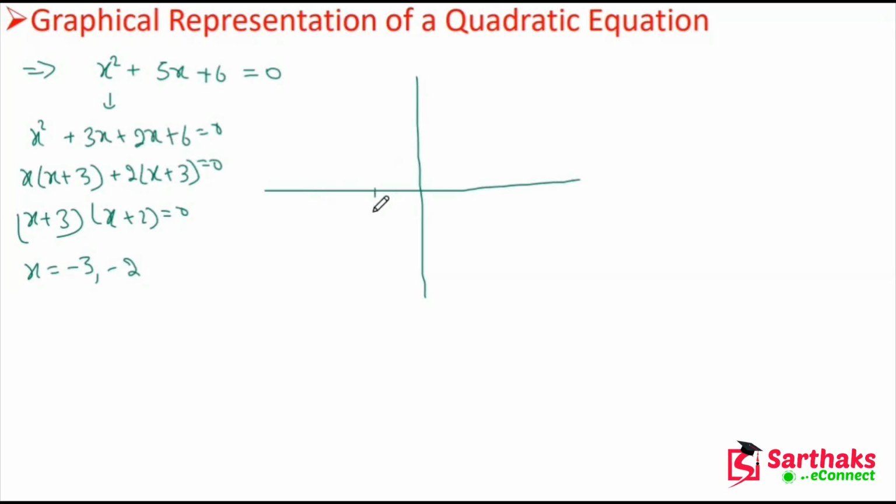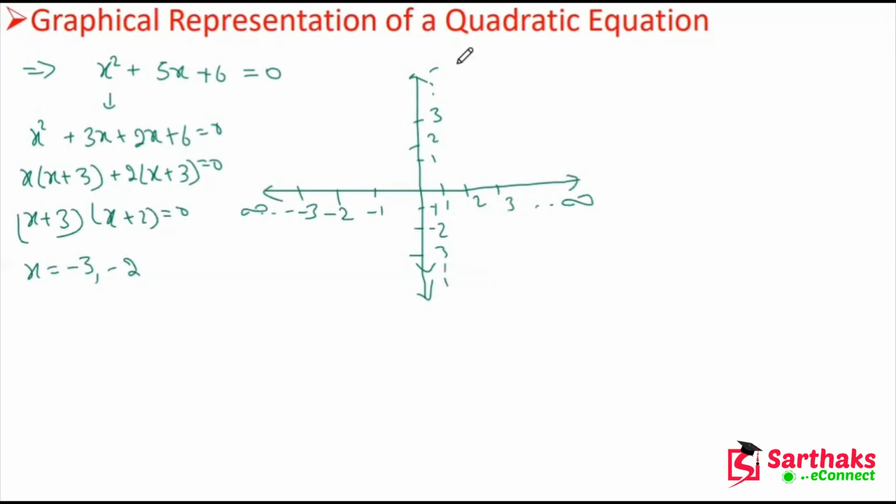Here we mark minus 1, minus 2, minus 3 on one side, and 1, 2, 3 and so on on the other side, along the axes.